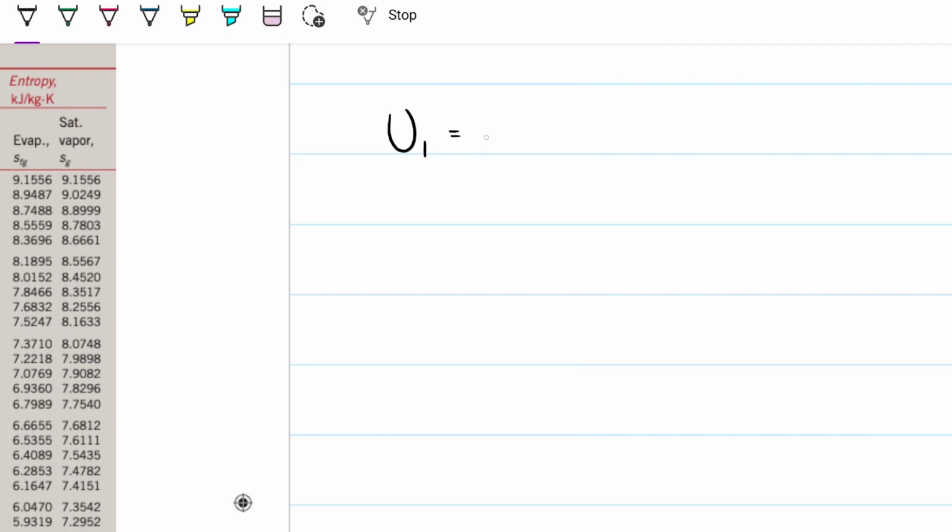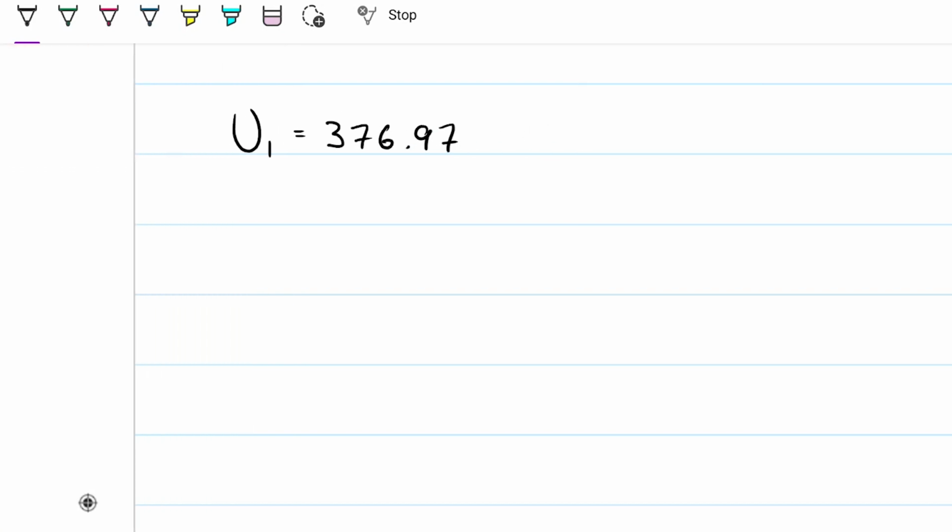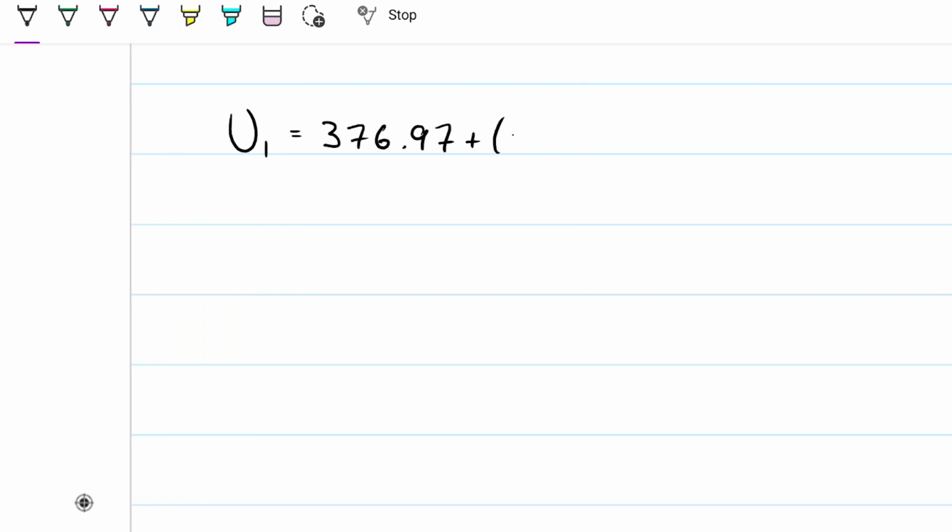State 1, we're going to have 376.997 for the liquid plus the quality, which is 50%, times the difference between the two of them, which is 2117. They're all in the same units, and that gives me that the internal energy for state 1 is 1434.3547, in kilojoules per kilogram.